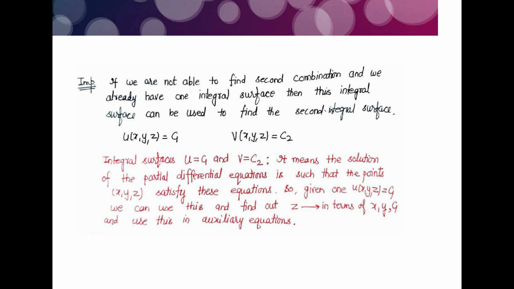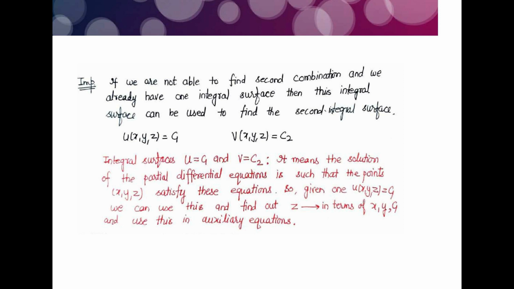So given one function u of xyz equal to c1, we can use this and find z in terms of x, y and c1, and we can use this in the auxiliary equation. So what exactly are we doing here? We already have one integral curve, u as a function of xyz and constant c1.